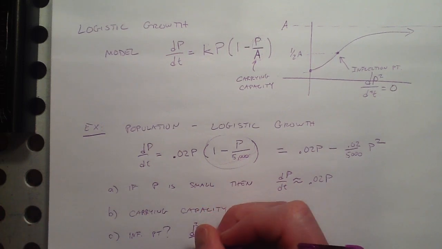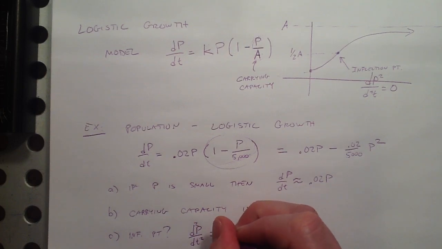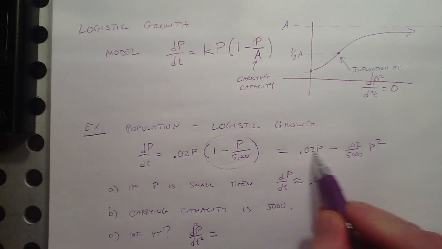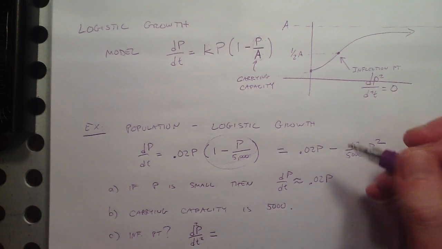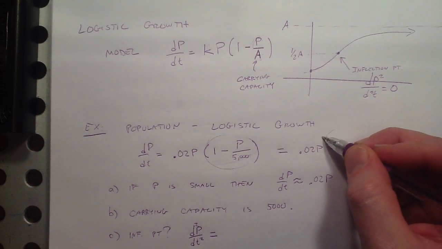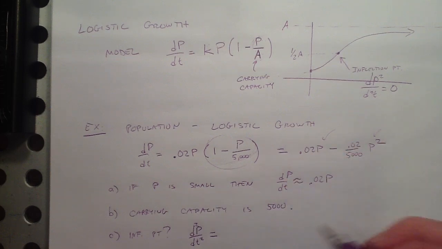the second derivative of p is equal to the derivative of this. And remember that p is like the y variable, so every time I take the derivative of one of these, dp/dt is going to pop out.